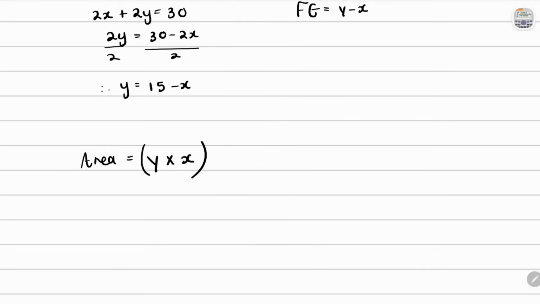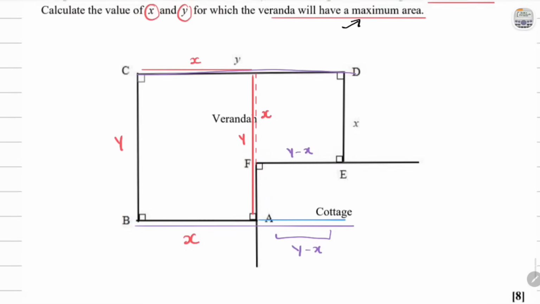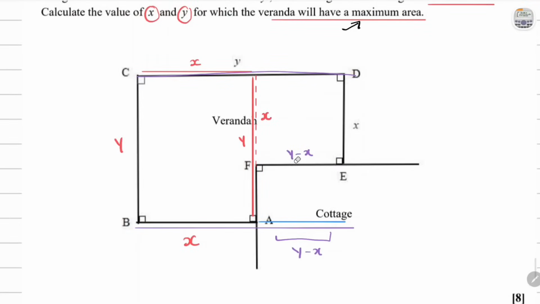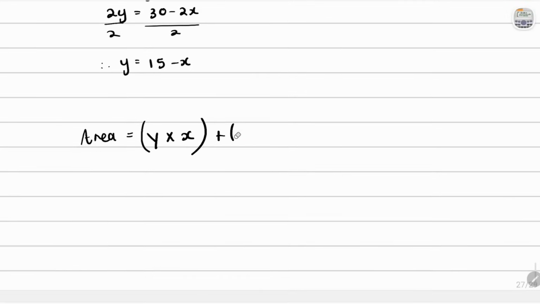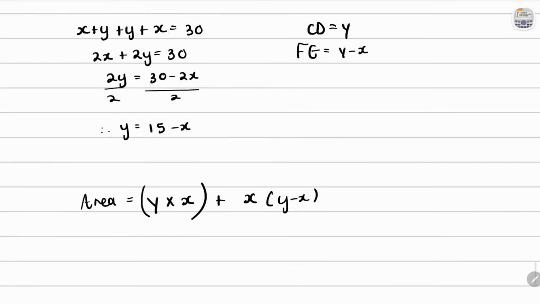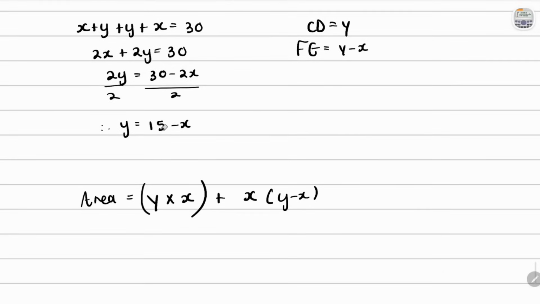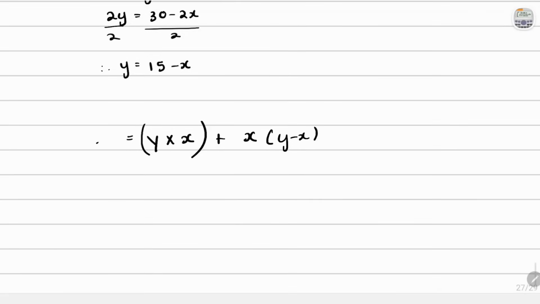And if you take that and you add it to this part, and this is again length times breadth, so you can take anyone as the length, we'll say x multiplied by y minus x. And now in place of y, we can substitute 15 minus x. So this is going to be the area in terms of x.